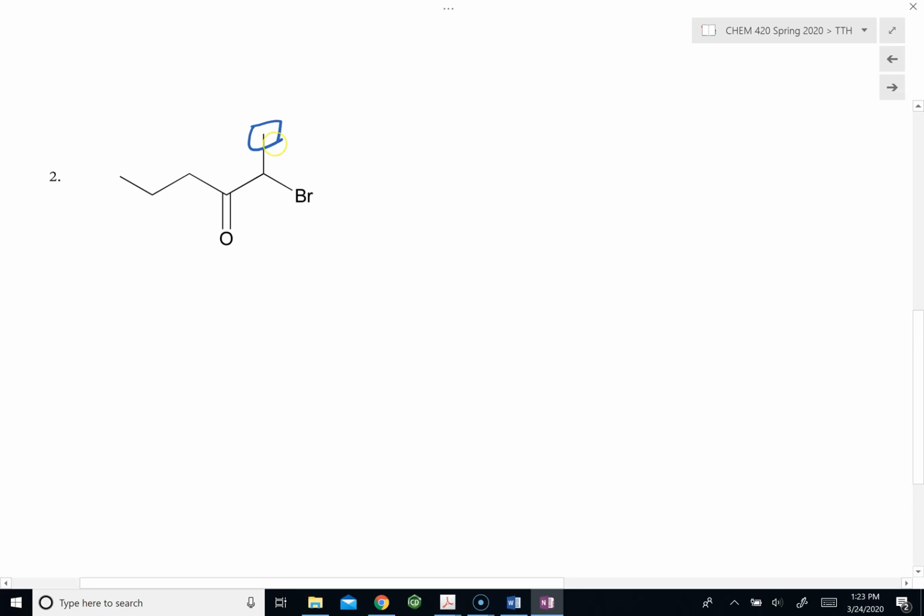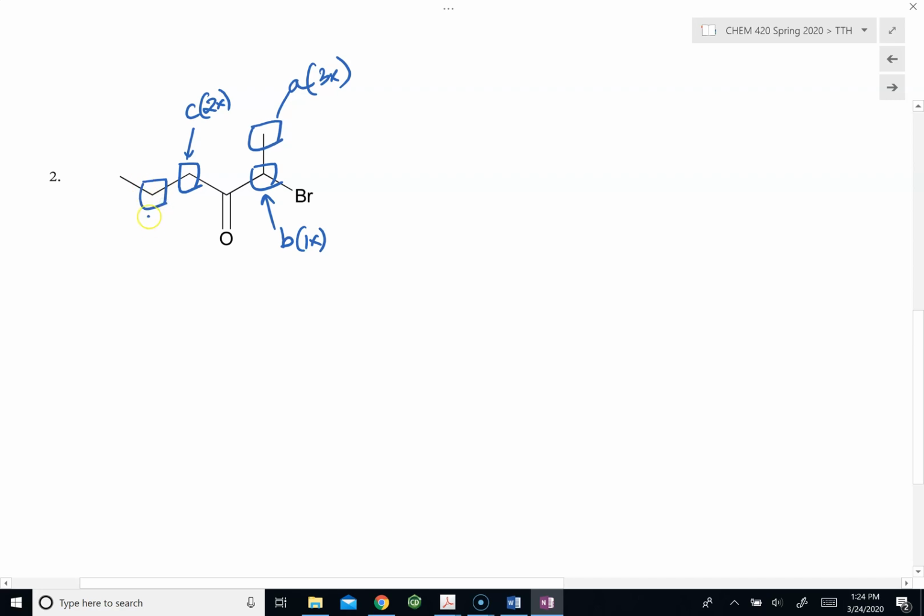There will be one distinct signal for these 3 hydrogen. And now let's call this signal A. There is a hydrogen in here that is distinct, and that will give us another signal, and that will be signal B. These 2 hydrogen in here will then give us another signal, and that will be signal C. And signal C will be 2 times the intensity, whereas signal B is 1 time the intensity, and signal A will be 3 times the intensity.